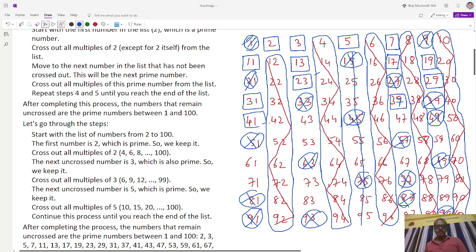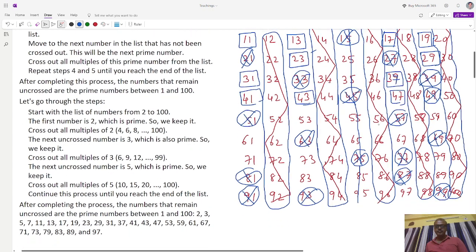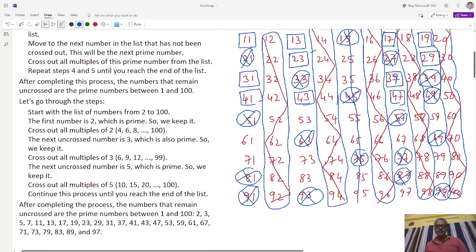Then we get 43, 47, 53, 59, 61, 67. These are all prime numbers.